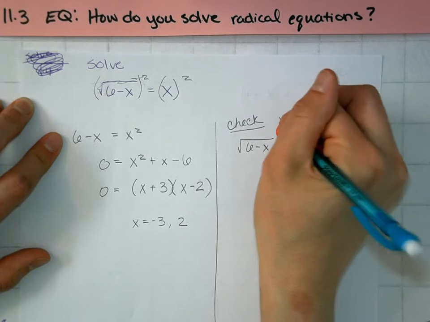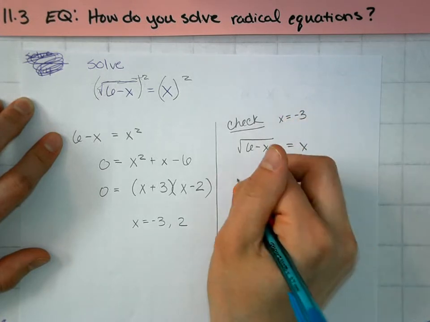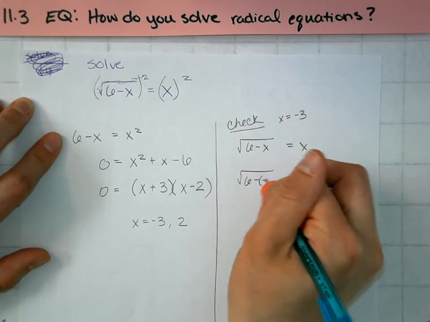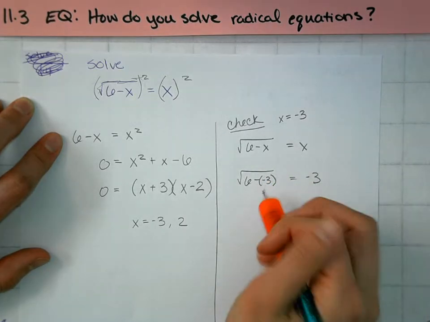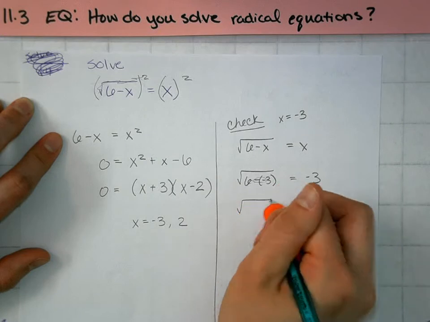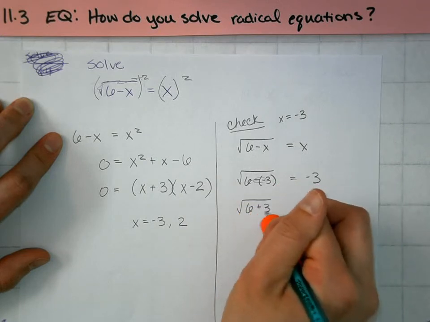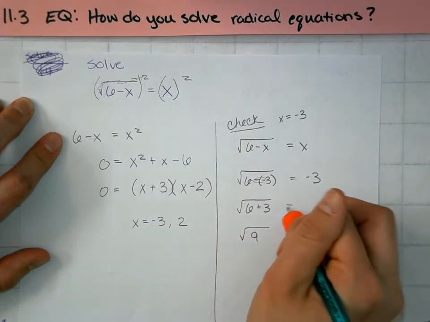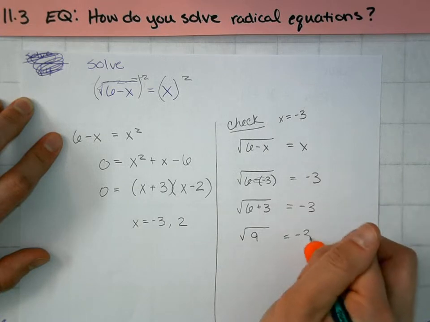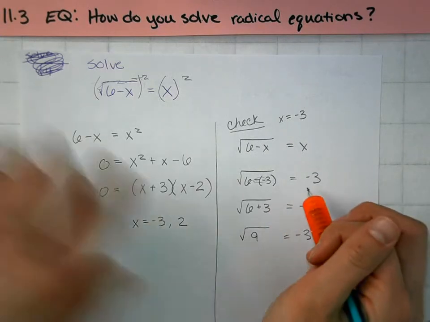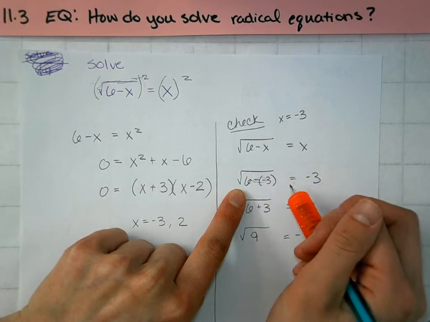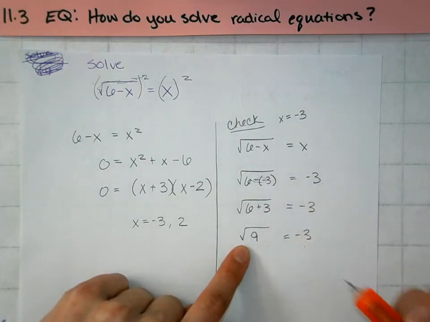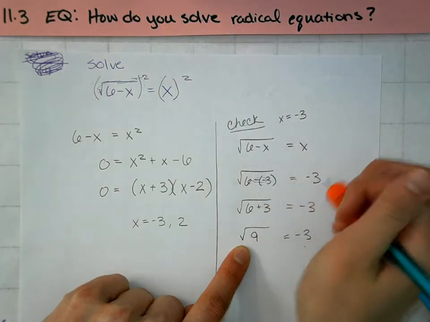So this is going to be my check for -3. When you subtract a negative, that's actually adding. And actually right here, maybe you notice that you had a square root equal to a negative, so right here you might have noticed that this does not work, and down here you can also see that. So this is not a solution.